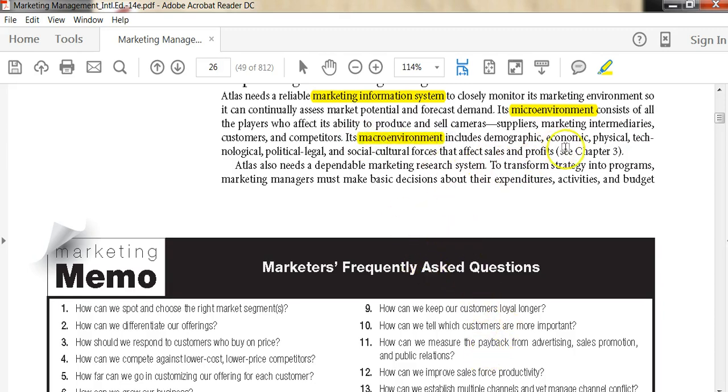In the macro environment, our demographic, economic, physical, technological, political and social cultural environment, we try to see what forces will help us improve our profit, or what may affect us by reducing our sales. We can also use marketing research to specifically investigate a particular problem.